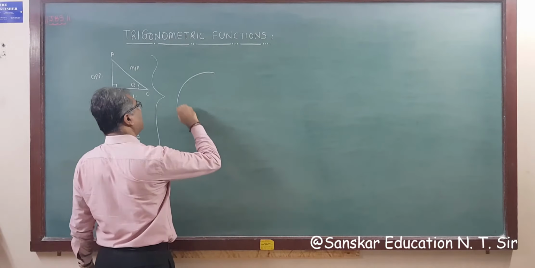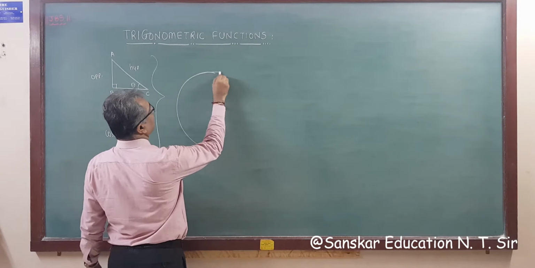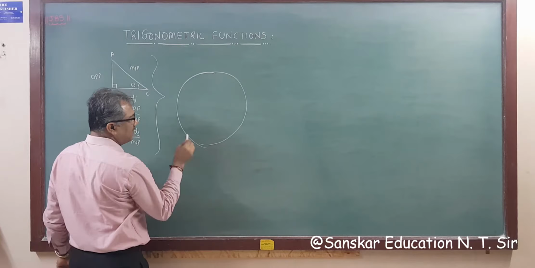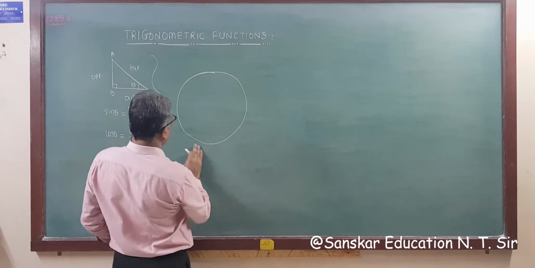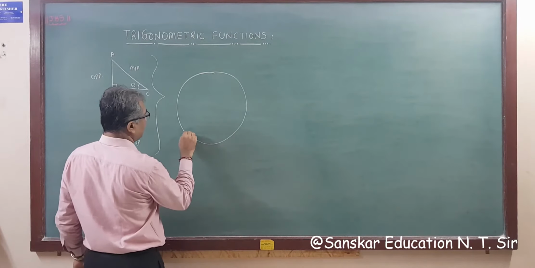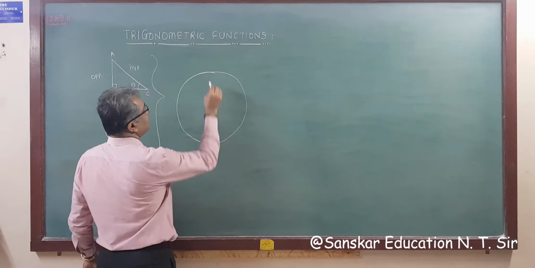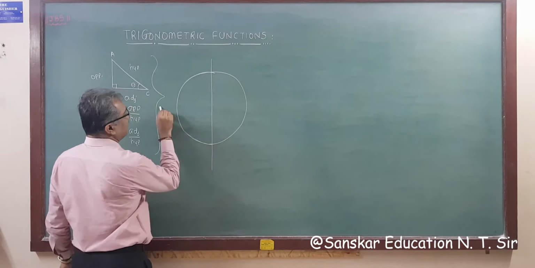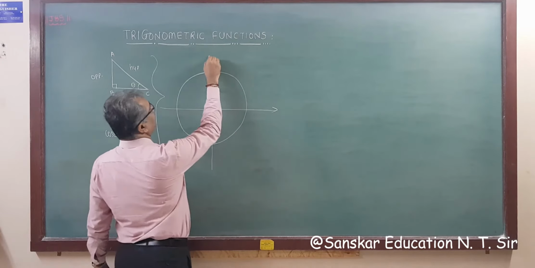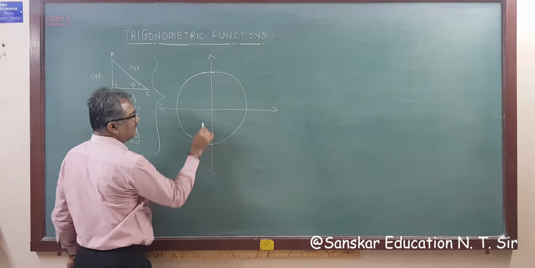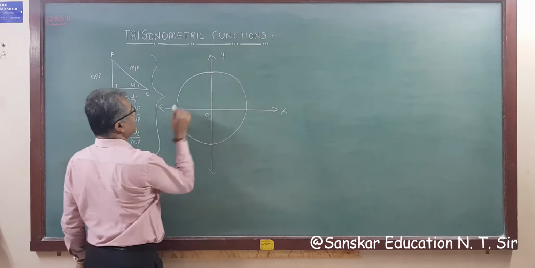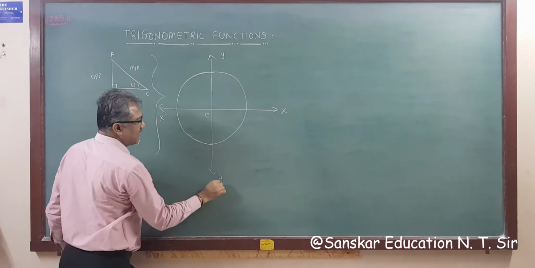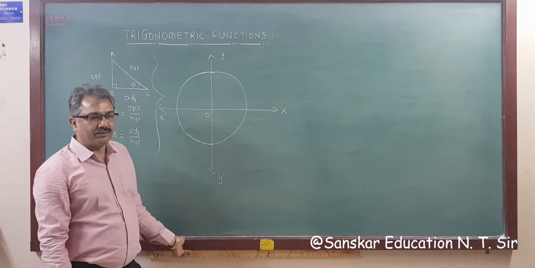consider the unit circle. We studied about the unit circle, a circle whose center is the origin. This is O, this is the x axis, this is the y axis, this is the x dash axis and y dash axis, that you know.